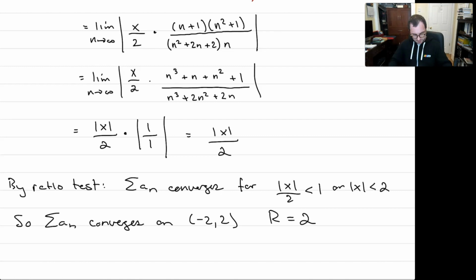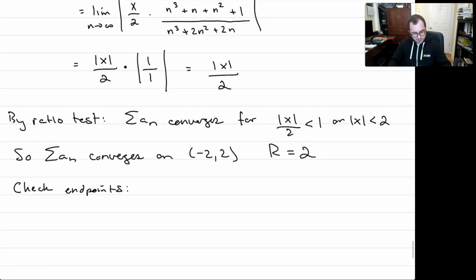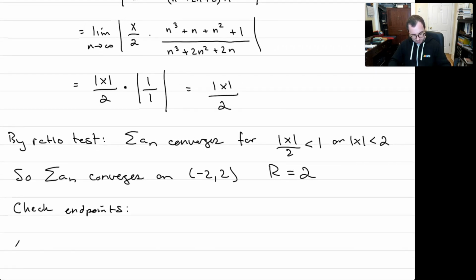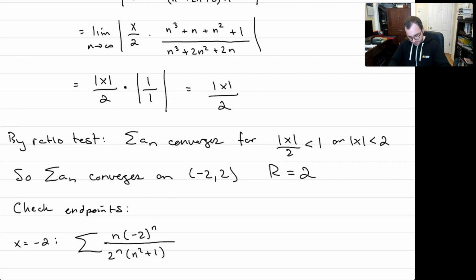So let's check the endpoints. Our first endpoint, x equals -2. All right, so the series becomes n times (-2) to the n over 2 to the n times (n squared plus 1). I'm going to pull out a (-1) to the n there.